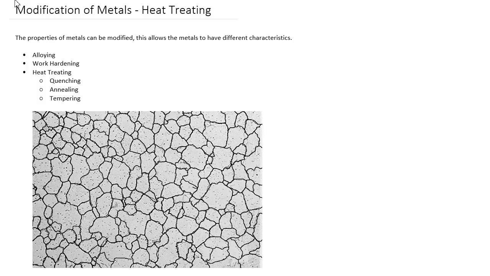One of the important things with modifications of metals is first to understand that metals are actually structured as crystals. They have a particular three-dimensional shape, which is known as a lattice.